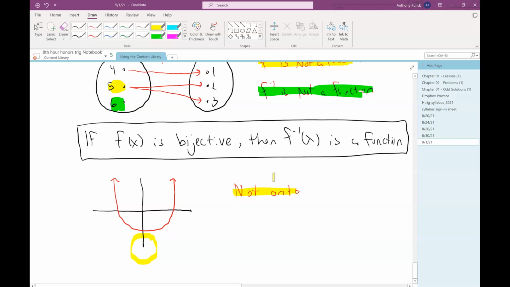Does that feel okay? Is this function one-to-one? No. Why not? Because I have some points that have different x coordinates, but the same y coordinate.